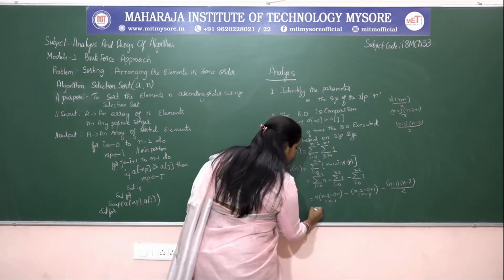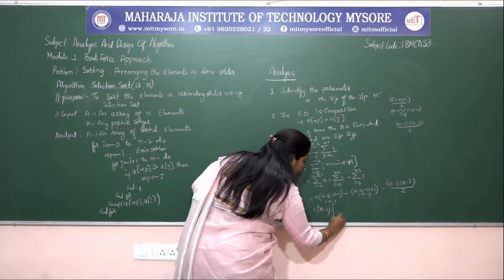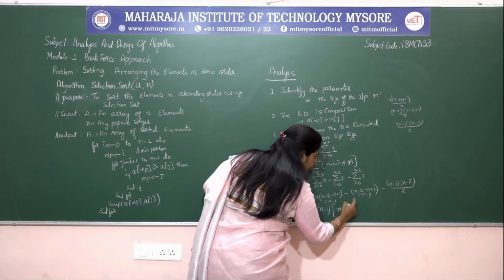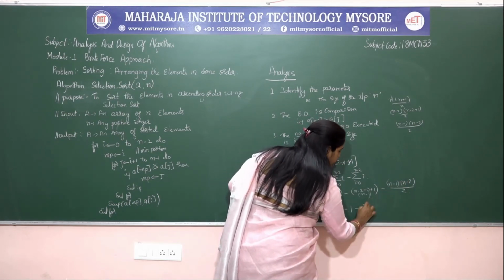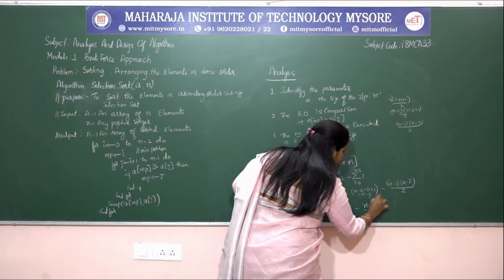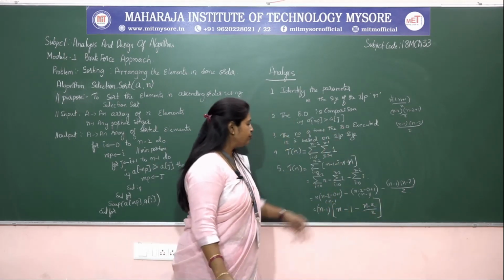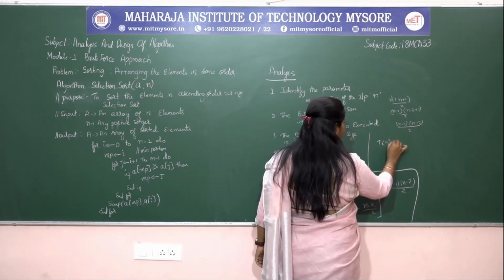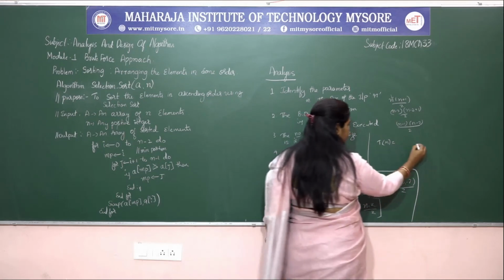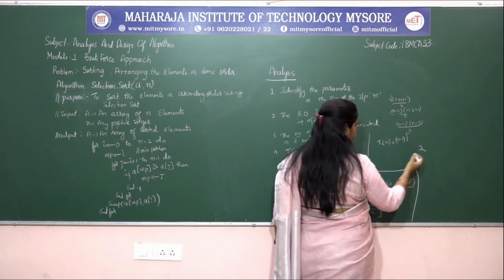Now, if you take the common factor n minus 1 outside, what will you get? n, minus 1, minus, you are left with n minus 2 divided by 2. Now if you take the LCM here, what happens? Your T of n is equal to, if you take the LCM 2 here, n minus 1 is the common factor, already we have taken.